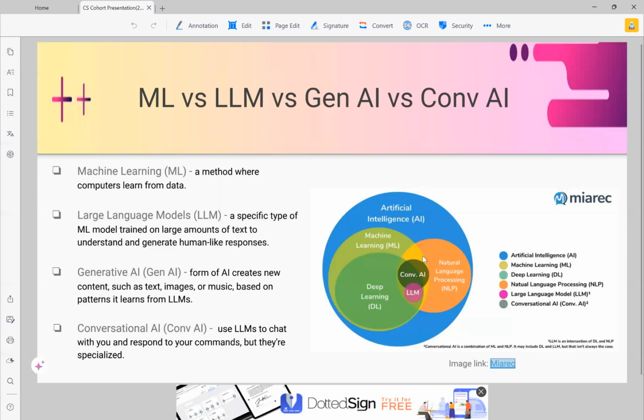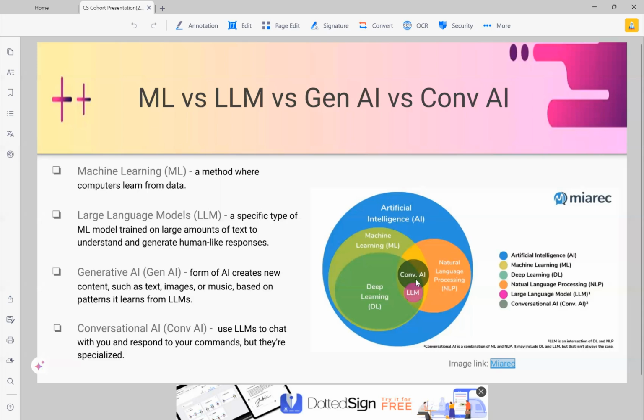And then generative AI and conversational AI. Like I said, generative AI's bubble would sit right here in the middle as well. The difference is that generative AI actually creates new content for you, such as text and images, all based on the patterns learned from the LLMs. Based on learned data patterns, they can generate things that don't exist, coming up with brand new content.